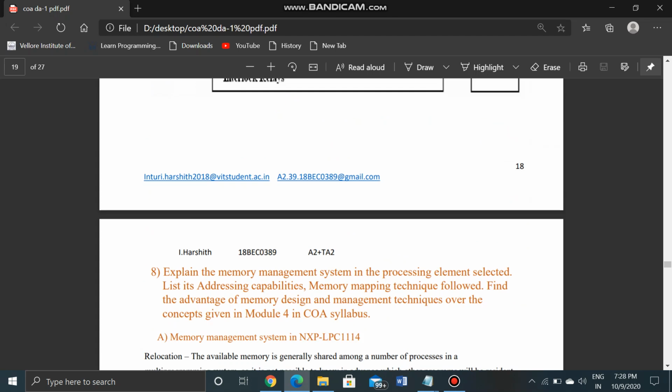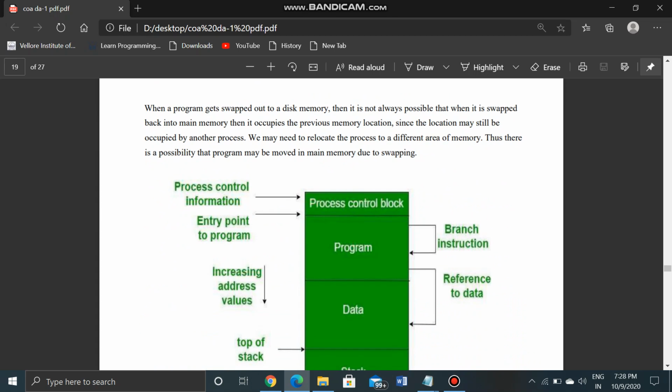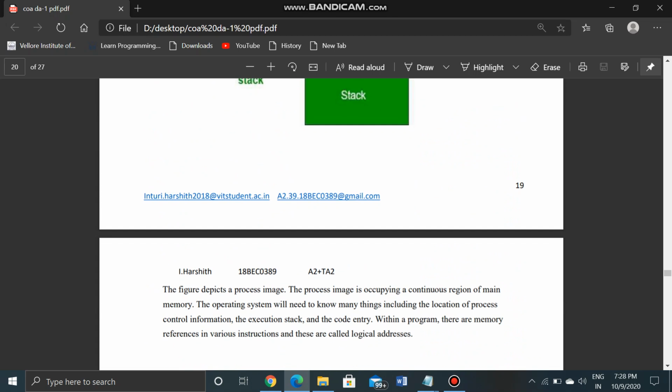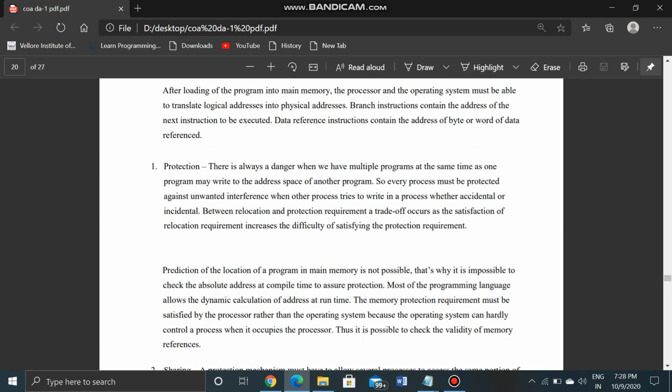So coming to the eighth question. Memory management of NXP is very important. Accessing memory, the protection of the memory and access of memory is very important in the microcontroller. Coming to the protection, there is always a danger when we have multiple programs compiled at the same time.